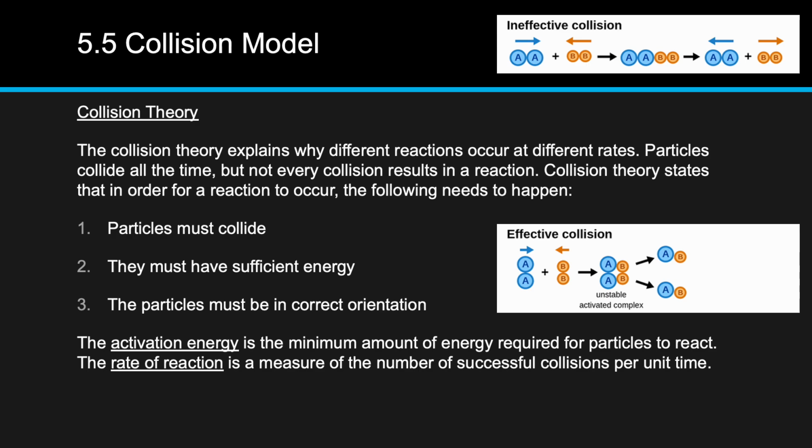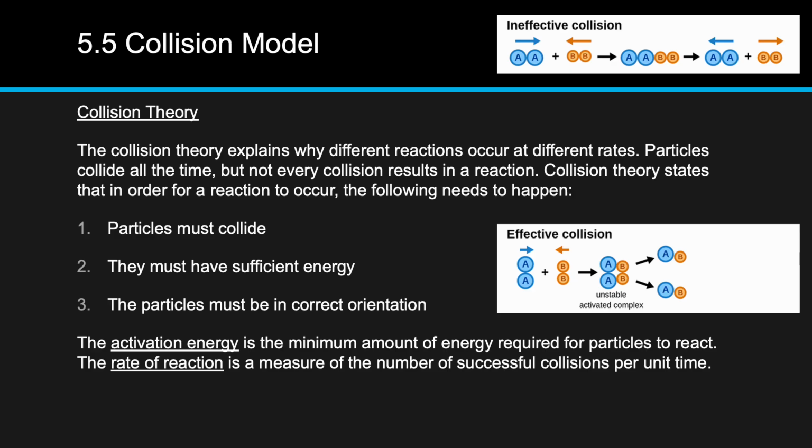Collision theory explains that particles are constantly colliding, but only certain collisions actually cause a reaction. For a collision to be effective, particles must collide, have enough energy to meet or exceed the activation energy, and hit with the correct orientation so that bonds can break and new bonds can form.